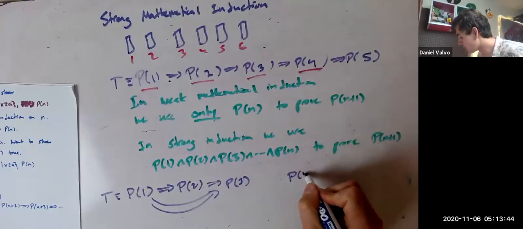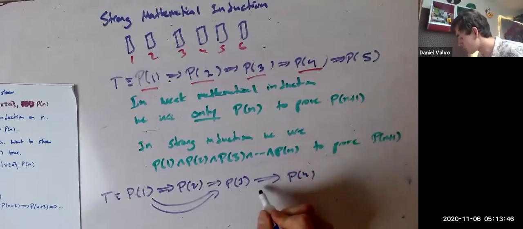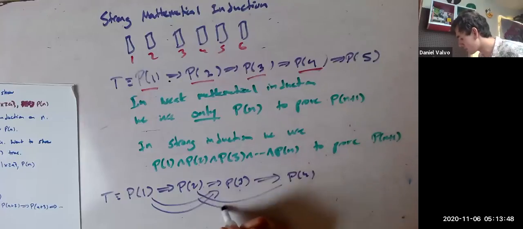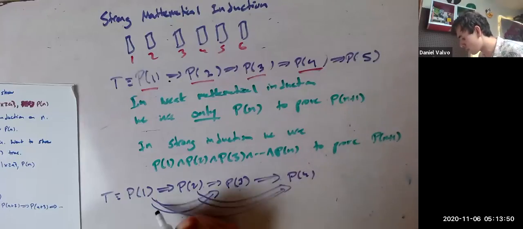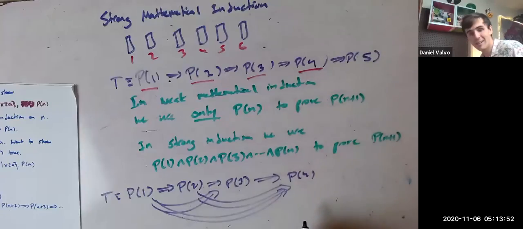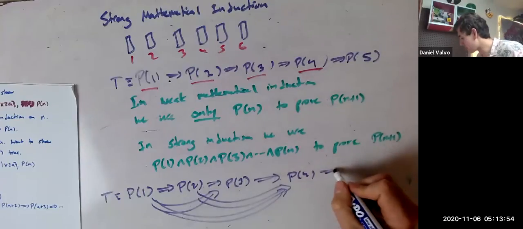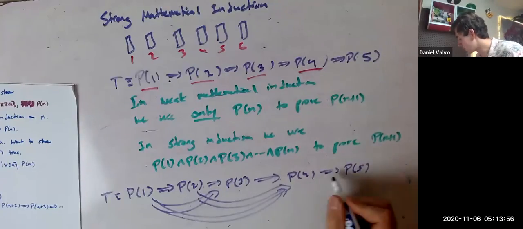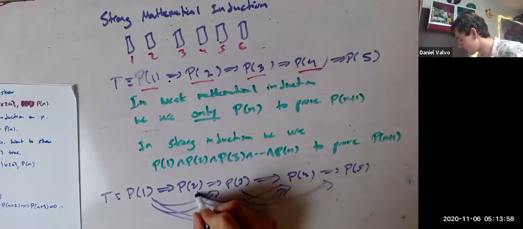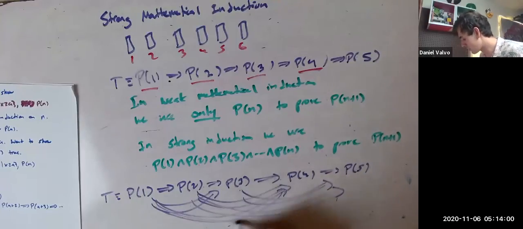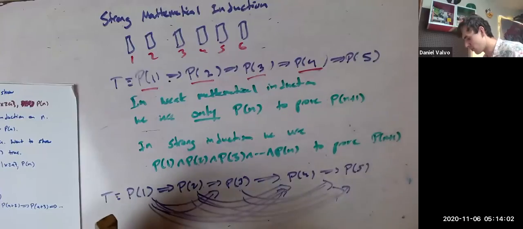And then to prove P of 4, you get to use P of 3 like usual, but you can also use P of 2, and you can also use P of 1. And to prove P of 5, you can use P of 4, you can use P of 3, you can use P of 2, and you can use P of 1.